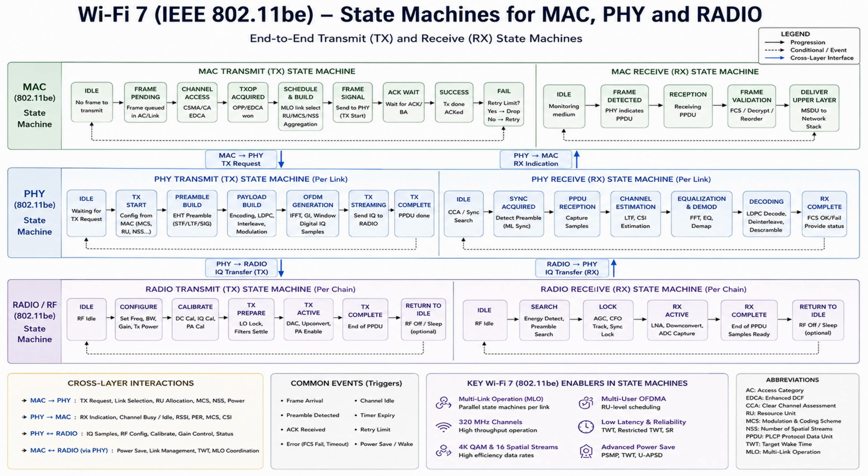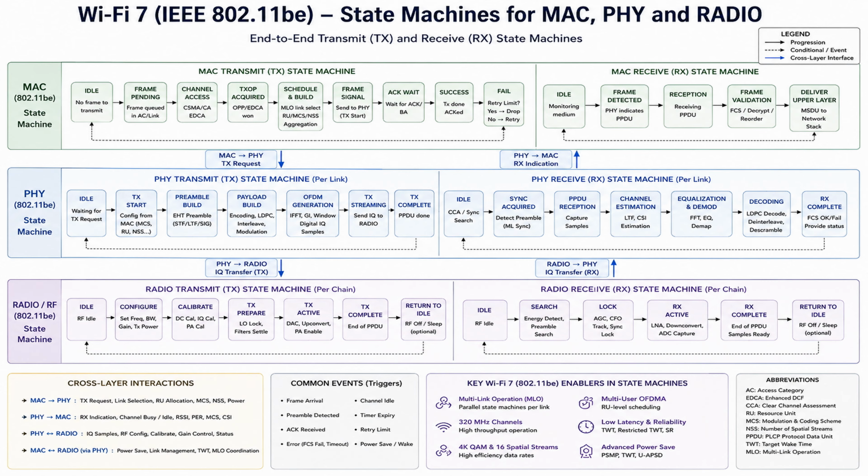The real value of this diagram is in the arrows between the layers. The solid black arrows are normal progression. The dashed arrows are conditional or event-driven transitions like a retry loop, and the blue arrows are the cross-layer interfaces.